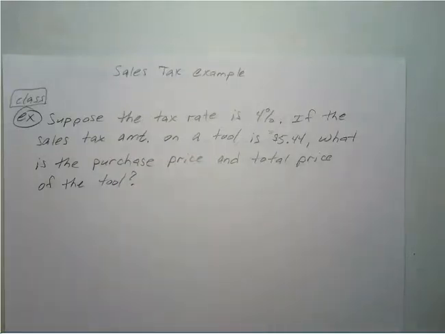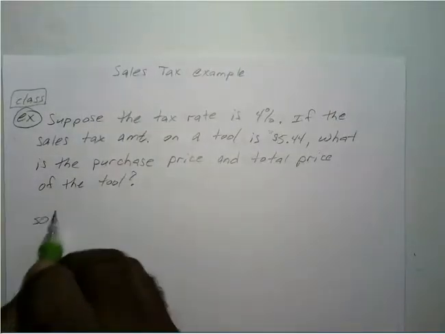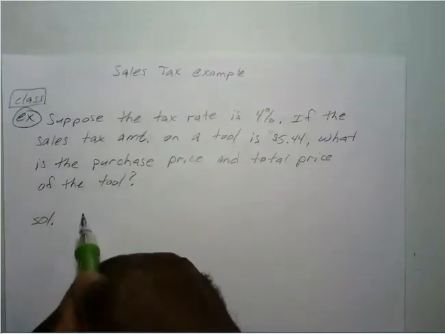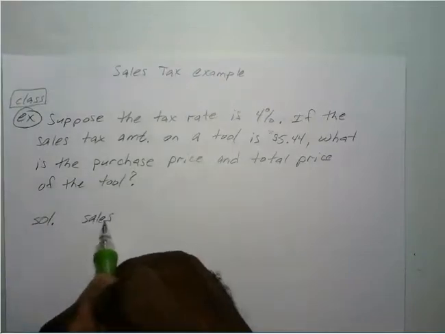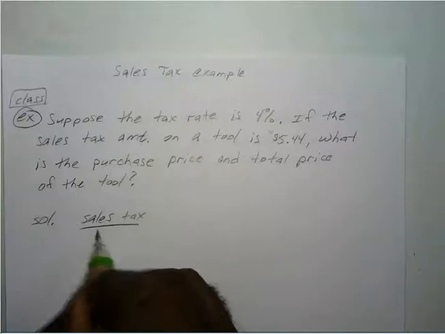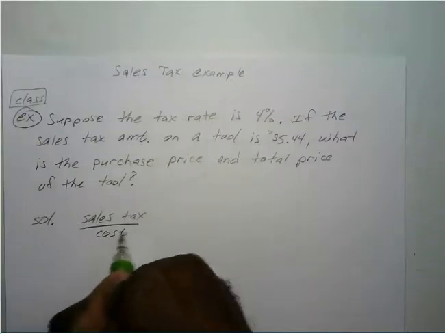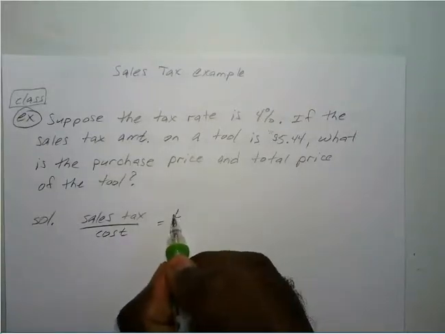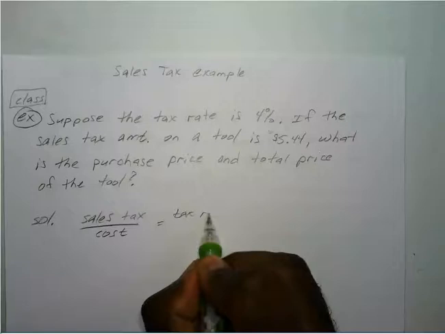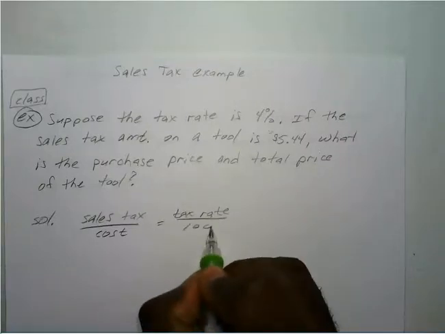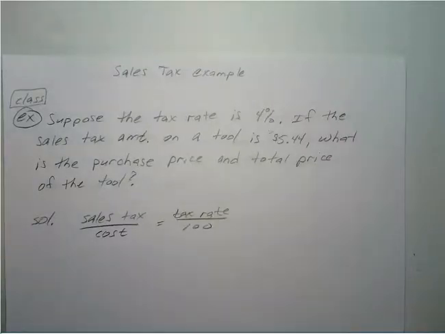All right, so assuming you've pressed pause and worked it out, let's go ahead and verify your answer. So you have the sales tax over the cost is equal to the sales tax rate over 100. Let's fill those in.